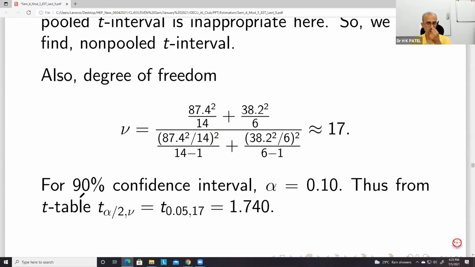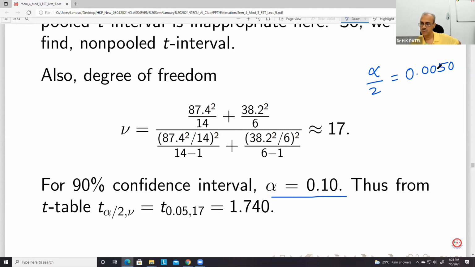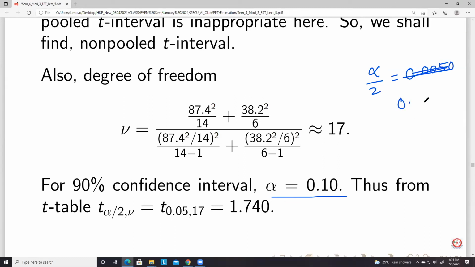And for a 95% confidence interval, alpha is 0.10, and therefore your alpha by 2 will be equal to 0.05. Am I correct? Once again. Yes, sir, 0.05.